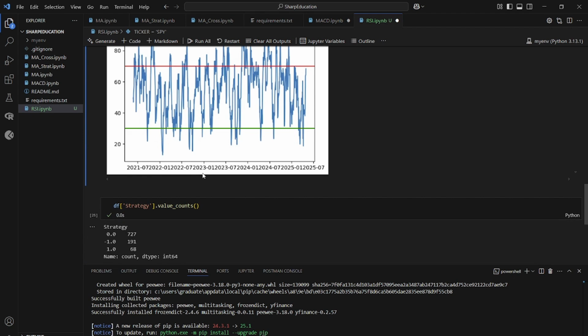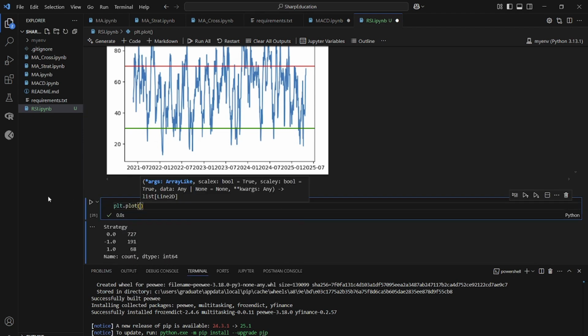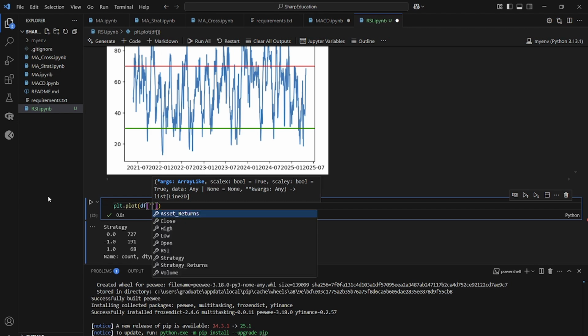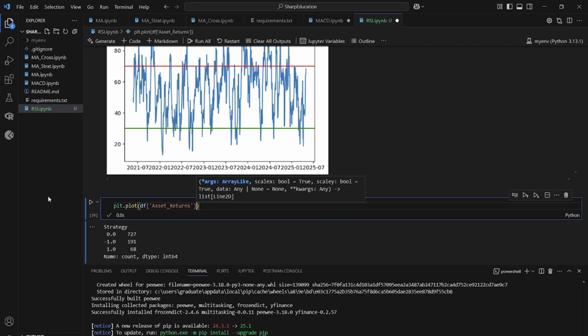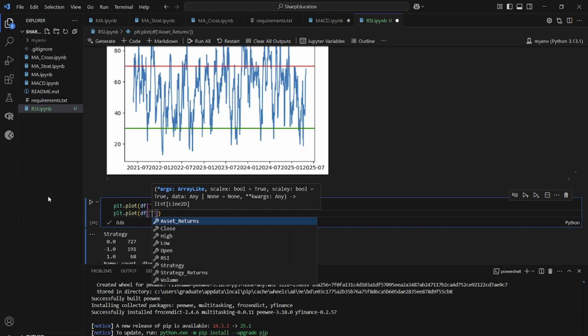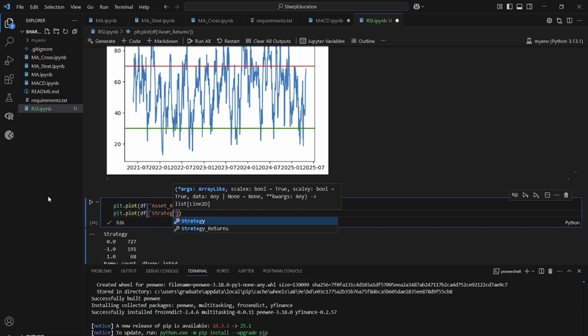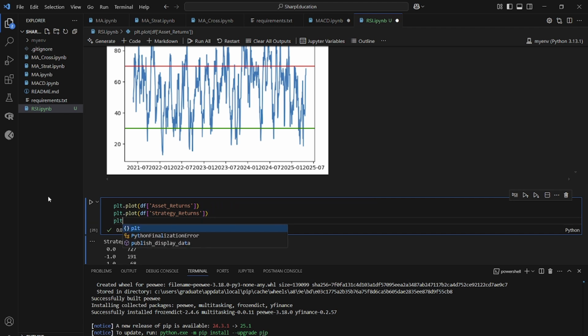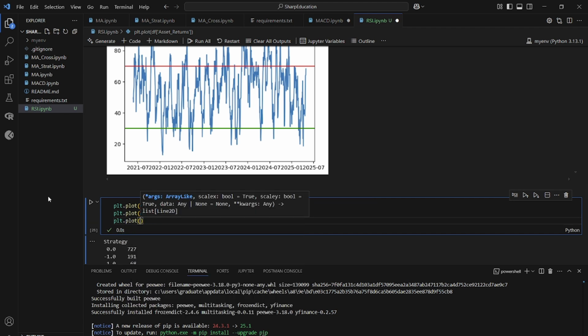Let's plot this. So I want to plt.plot data frame asset returns, and then plt.plot df strategy returns, and plt.legend.